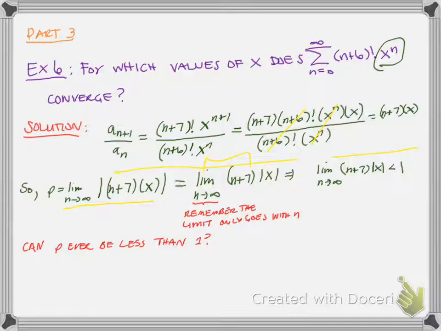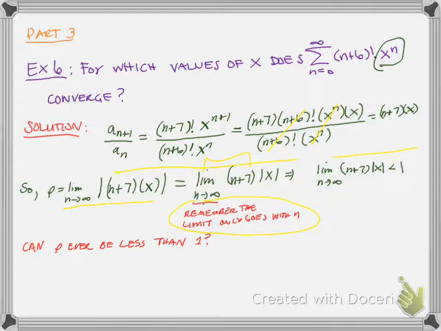The second thing to keep in mind, which I wrote down, is remember this limit only goes with n. And so x is independent of that limit. You may be thinking, well, if x is 0, then you have infinity times 0, which is an indeterminate form, but it's not because x is independent of n, and when we talk about the limit, we're only talking about n.